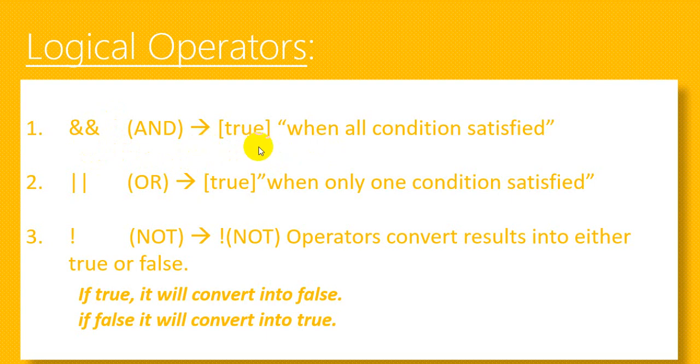For example, if you want to enter a college, just try to understand the illustration I am telling about. There are two things which have to be satisfied. The first condition is that you have to wear a uniform, and the second is that you have to carry your ID card.